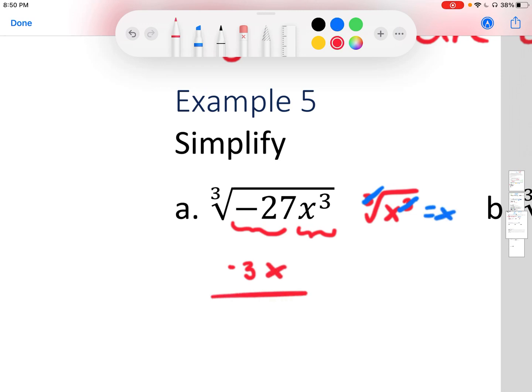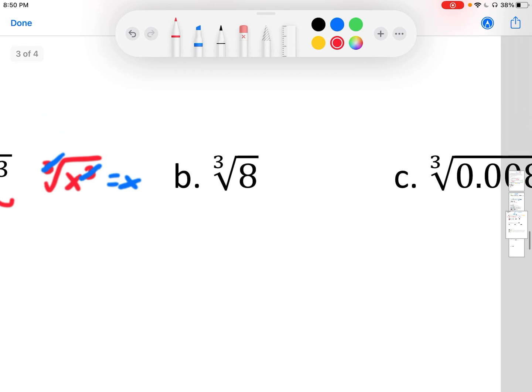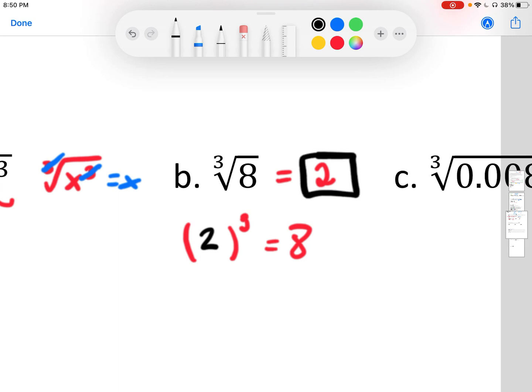So our answer for this one would be negative 3x. The cube root of 8, that just gives us 2, since what number multiplied by itself three times gives us 8? 2 would make that a true statement. So our answer is 2.